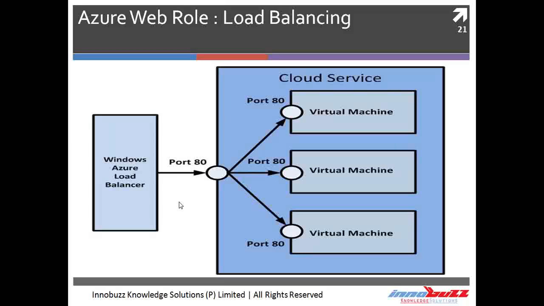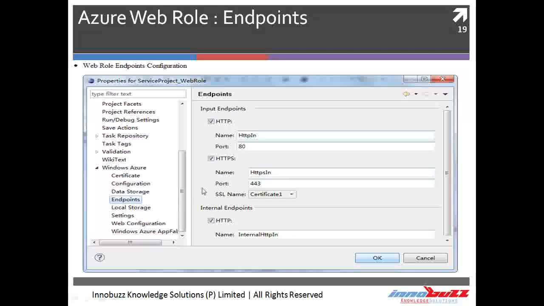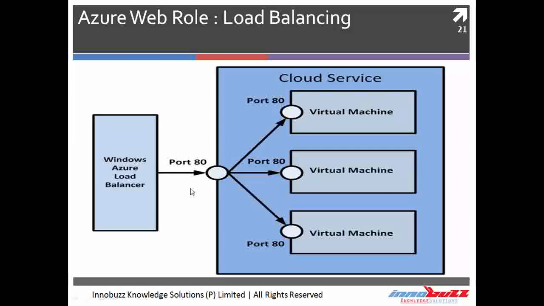You define endpoints that are associated to specific ports and are assigned a specific communication protocol. An endpoint can be assigned a protocol of TCP or UDP, that also you can see here. It can be HTTP, HTTPS, but of course it can be TCP also.